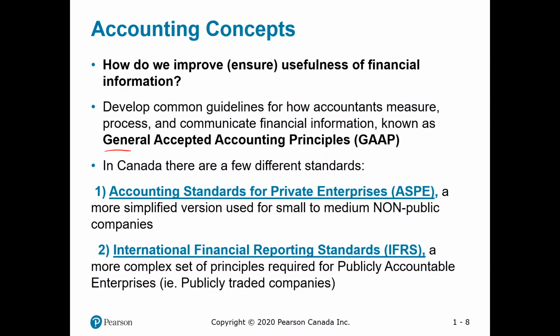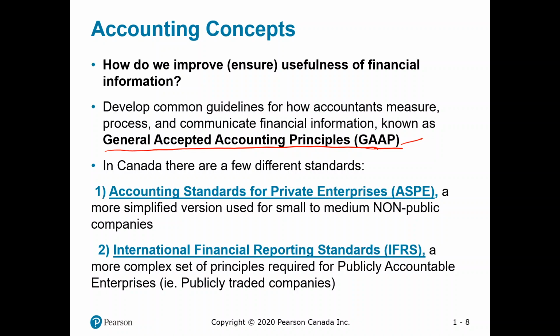And this is referred to as generally accepted accounting principles, or shortened into GAAP. So a good way to think of this is GAAP is to accounting like laws are to lawyers. So accountants need to follow GAAP and the standards, and those are the rules they need to follow, just like lawyers have laws in place that they have to follow.